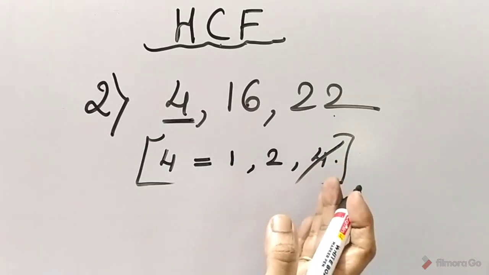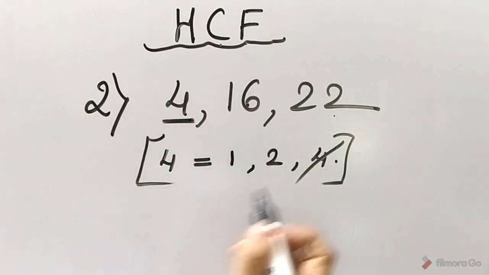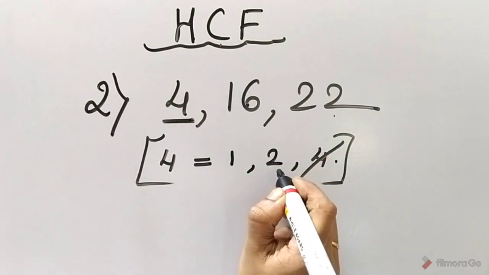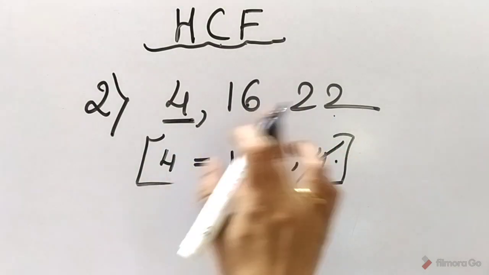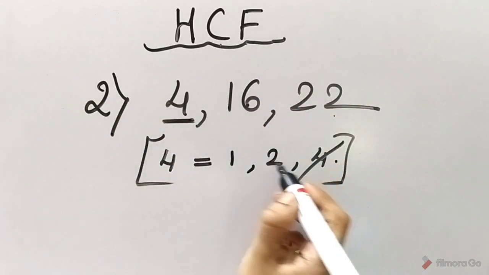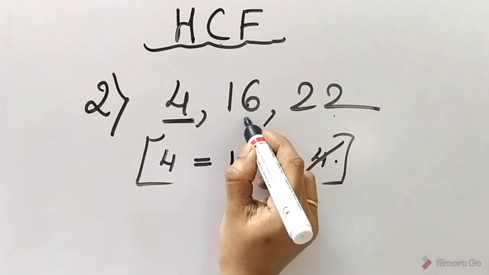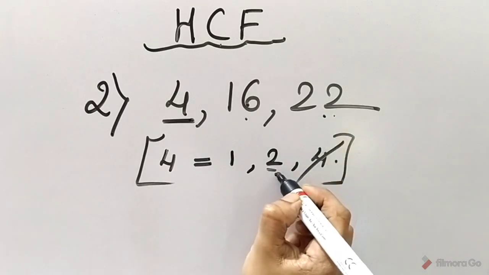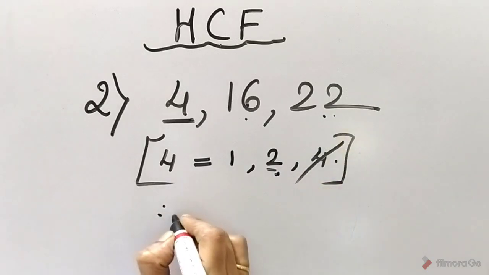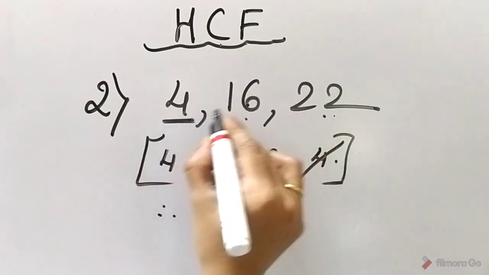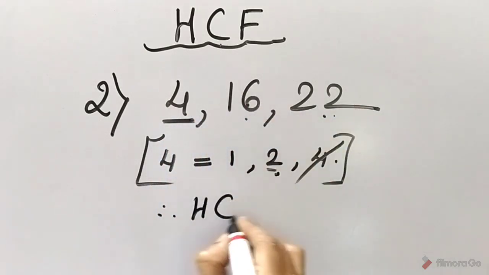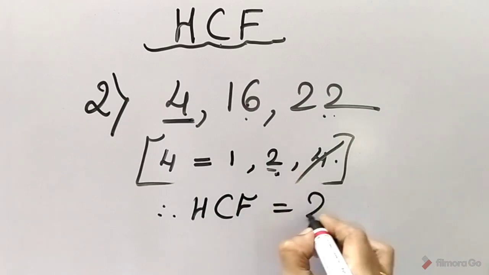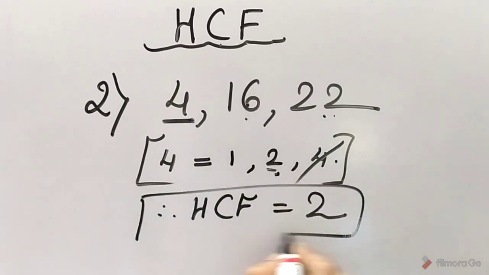So you have to just see the next factor of it and check whether with that factor you can divide both the numbers from the group. And if you check, you can divide 16 by 2 and you can divide 22 also by 2. Therefore, for this group 4, 16 and 22, what will be your HCF? Your HCF will be 2.